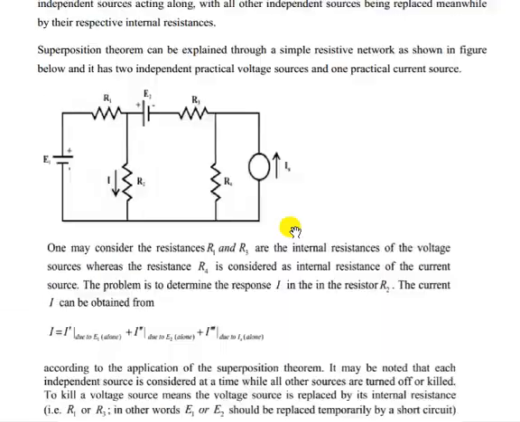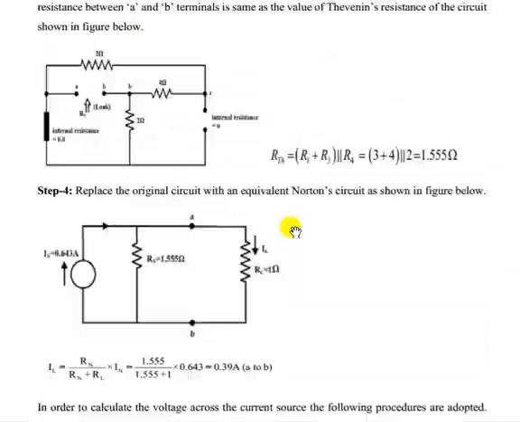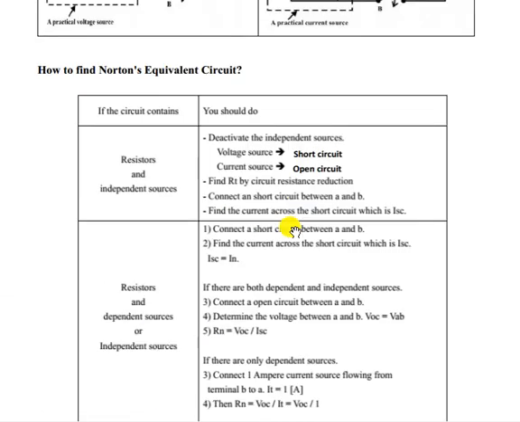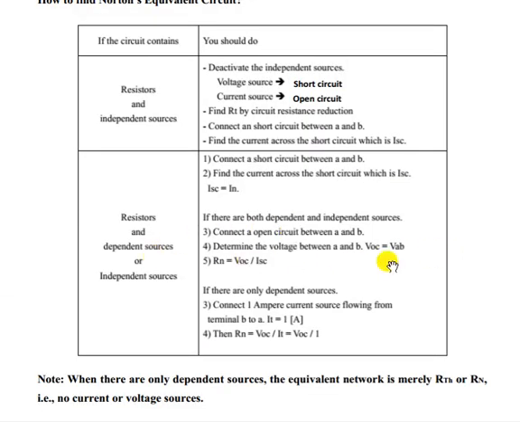Another main point that you must remember: if there are both dependent and independent sources, then the best method for Thevenin is the short circuit method, and for Norton it is the open circuit method. For Thevenin theorem, first find the open circuit voltage by removing RL, then short circuit it and find the short circuit current, so we get RTH as VTH by ISC.